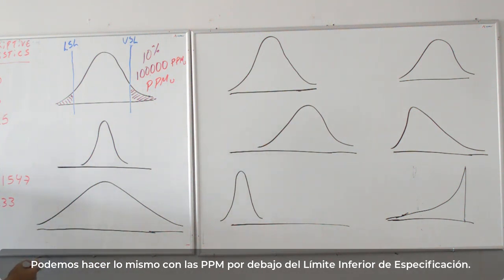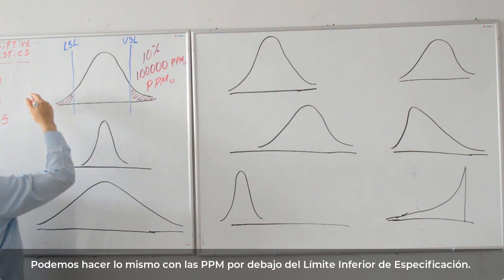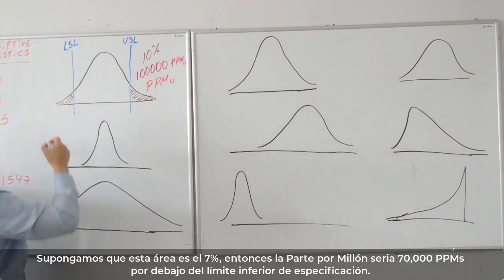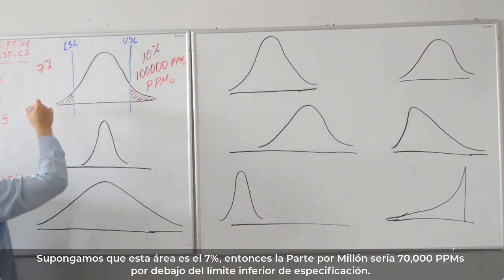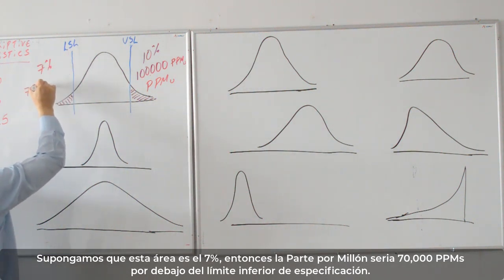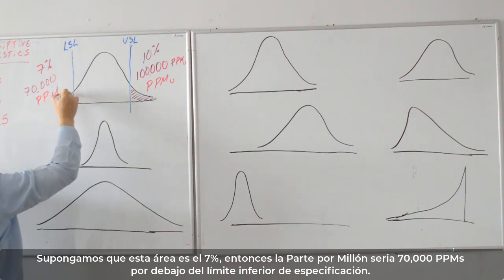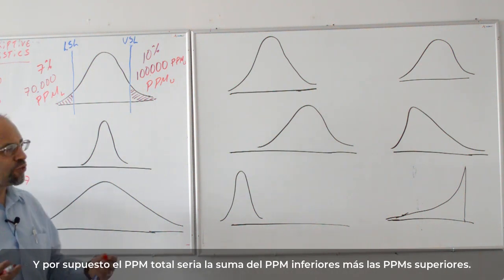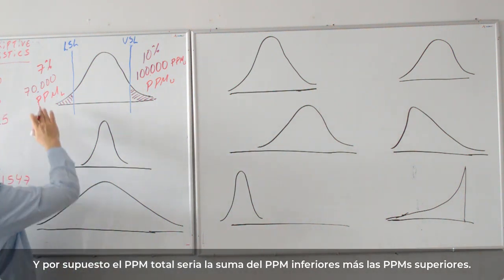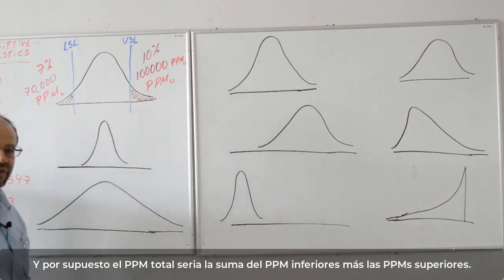We can do the same thing for the parts per million lower. Let me just guess, let me say that this area is 7%. Then the parts per million lower will be 70,000 parts per million below the lower specification limit. And of course, the total PPM will be the sum of the lower PPM plus the upper PPM.